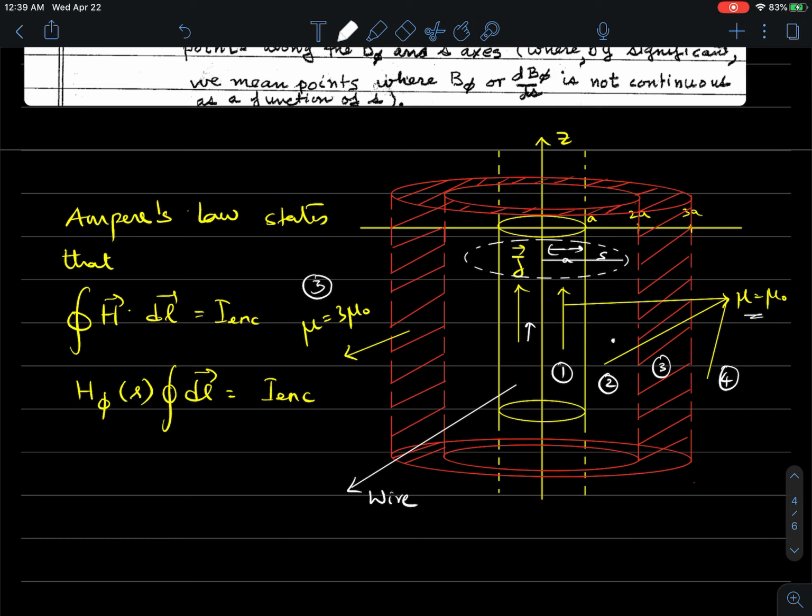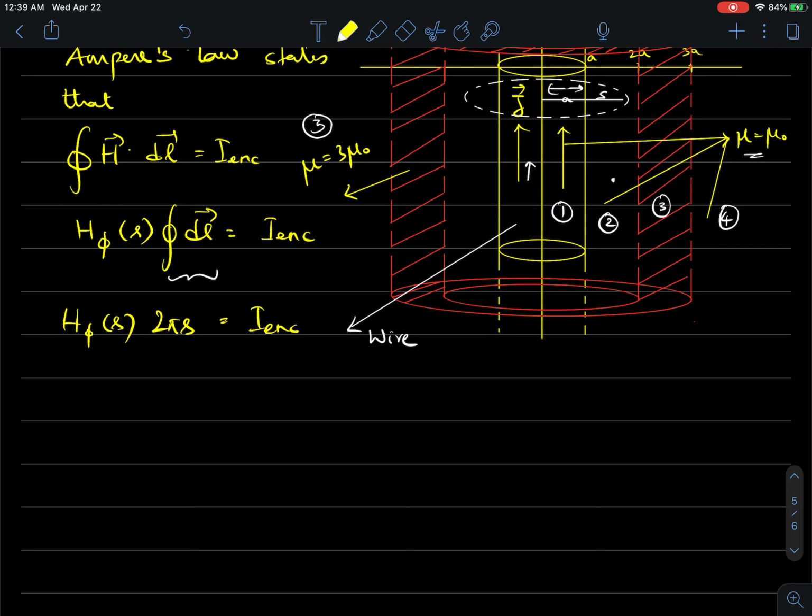Then the integral becomes H phi of s times 2 pi s, because the Amperean loop has a circumference of 2 pi s. That's the closed path integral, and it equals I enclosed. This is the equation that comes out of it.